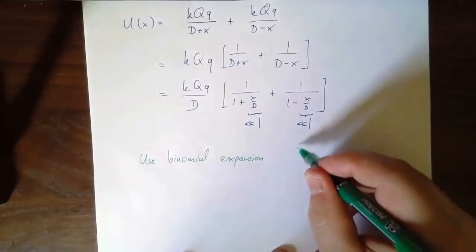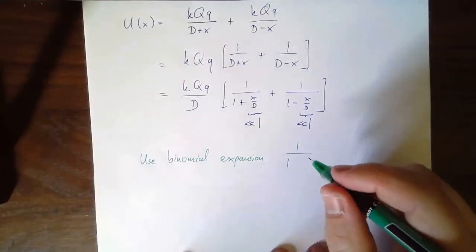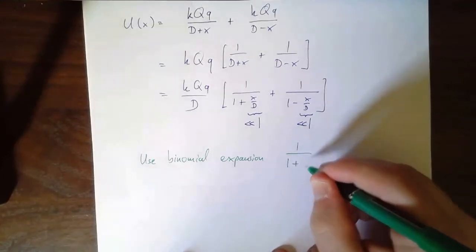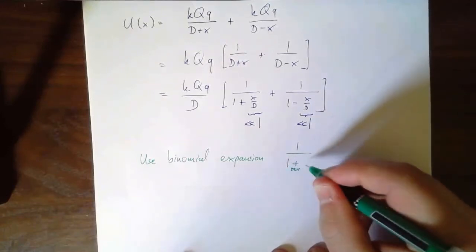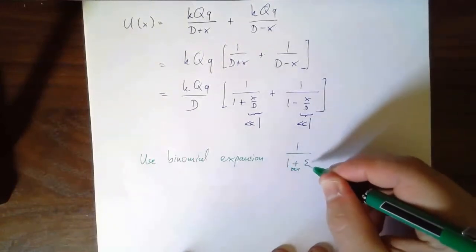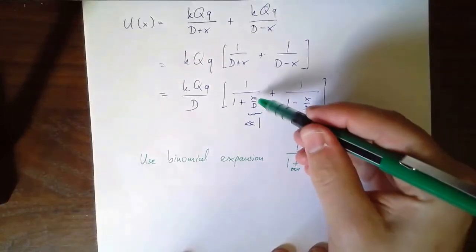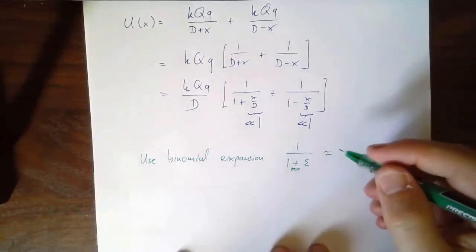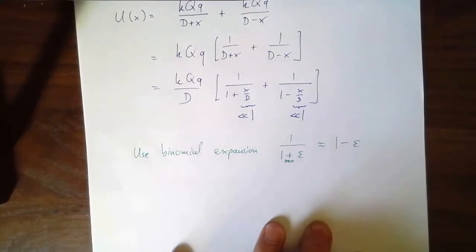For this case, we're going to approximate 1 over 1 plus some small value epsilon. I'm assuming epsilon is small compared to 1, because in our case epsilon is going to be x over d. That is approximately equal to 1 minus epsilon.